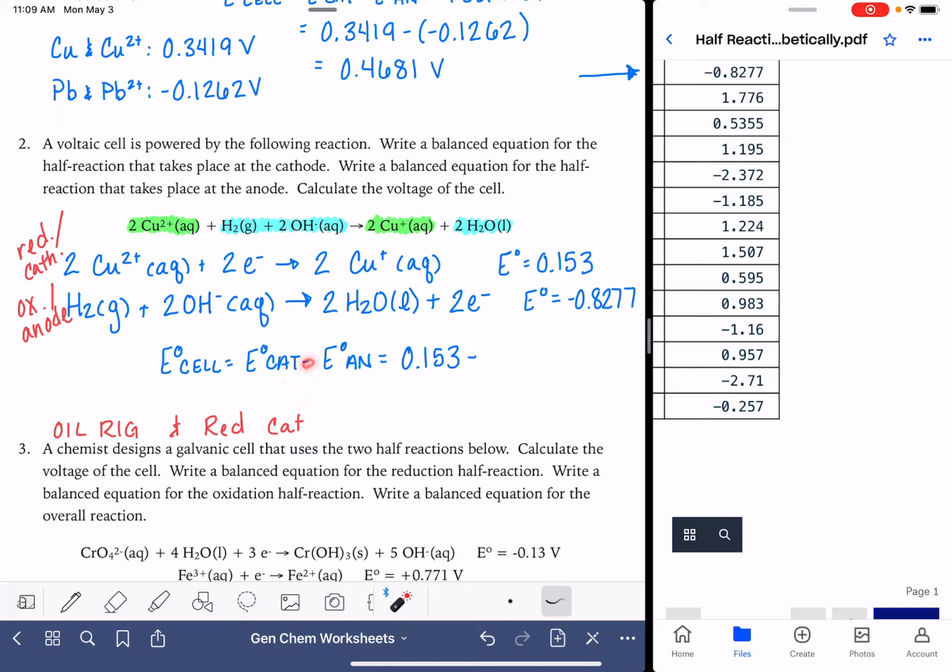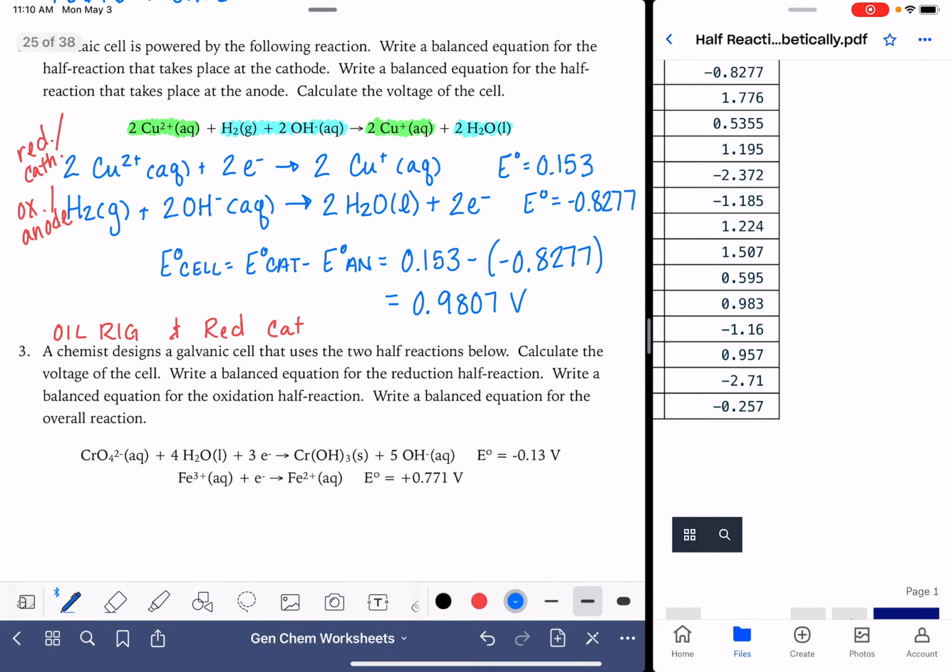That negative sign is built in to reverse the voltage of the half reaction. So if you turn the voltage around and then plug it into the E cell equation, it's just going to turn itself right back around again. 0.153 minus a negative 0.8277 is 0.9807 volts.